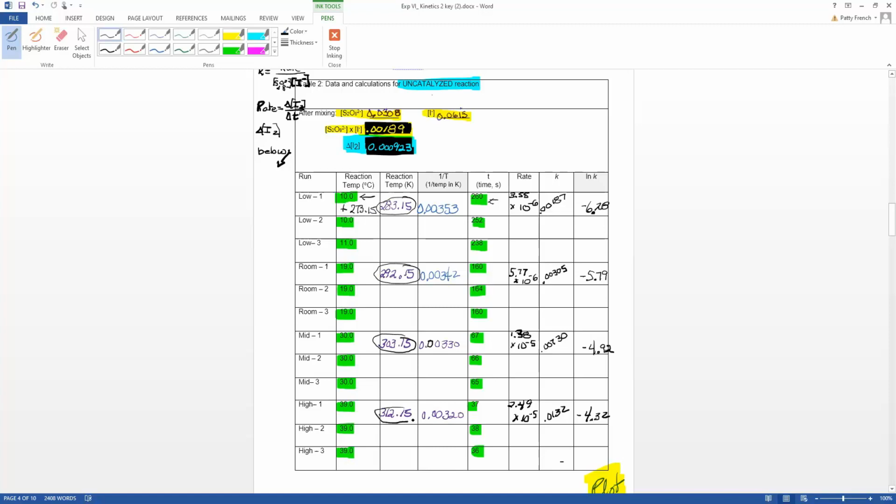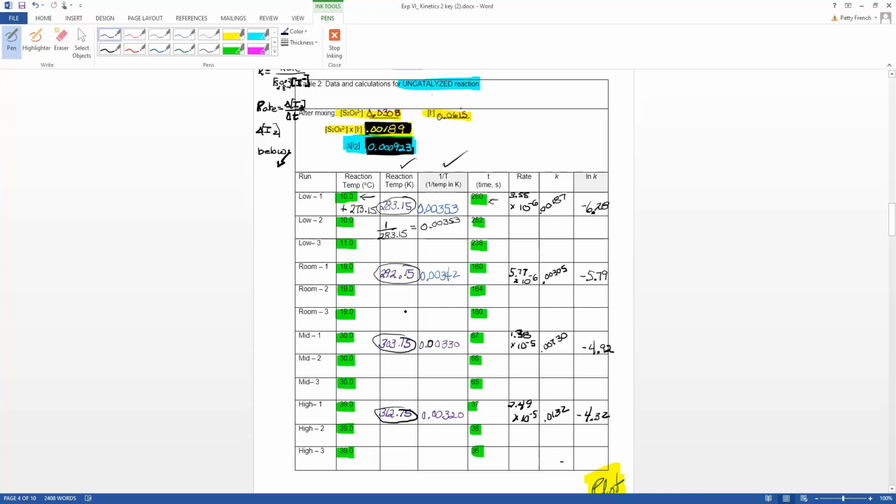The next thing we needed to do was take the reciprocal of this. So 1 over 283.15 gave me 0.00353. Okay, so that filled in the next column.